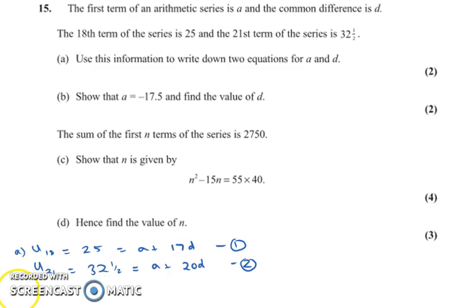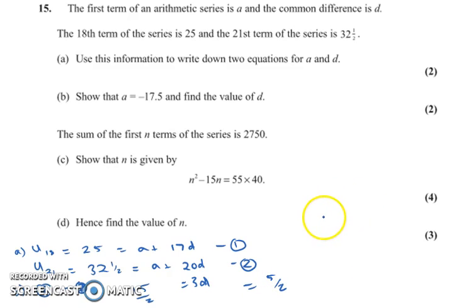Part B says show that A is minus 17.5 and find the value of D. So we're just going to have to go ahead and solve these two simultaneous equations. If we do equation 2 take away equation 1, we're left with 15 over 2 equals 3D. So we get here D is 5 over 2.